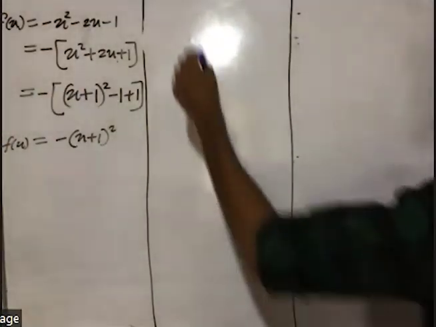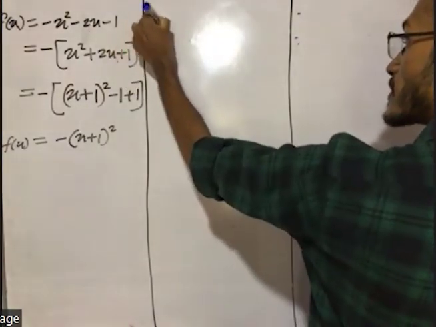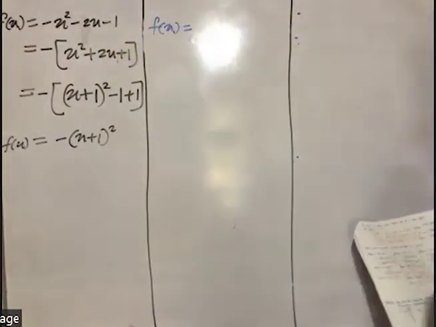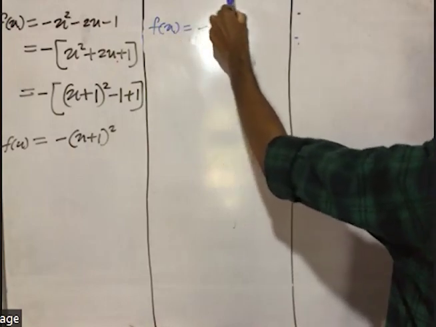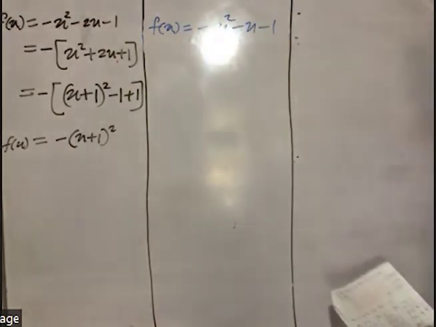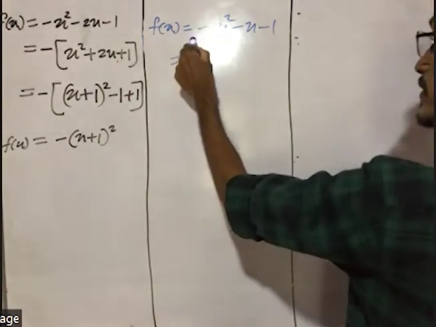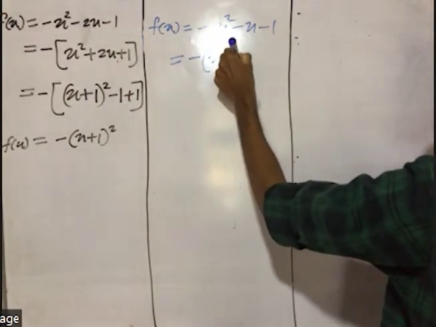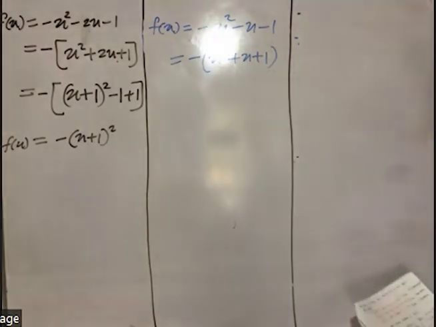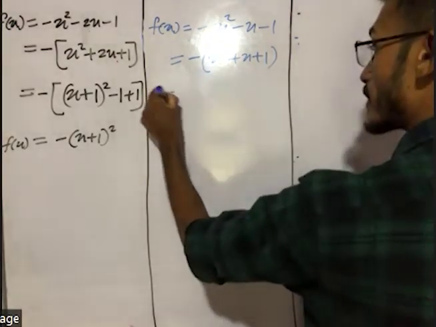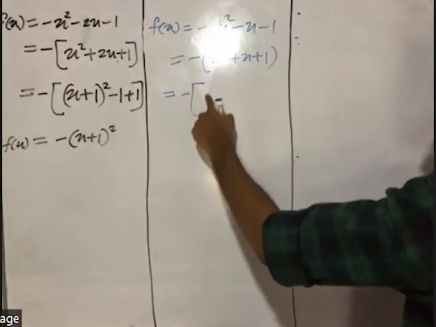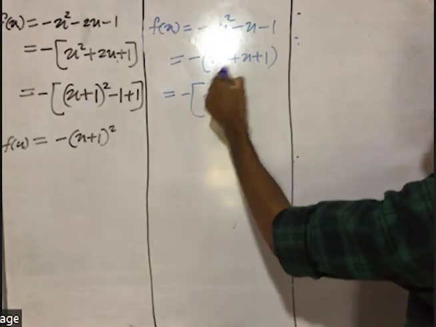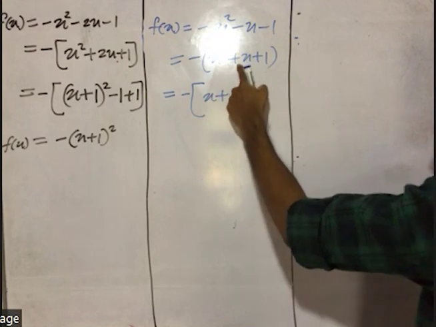The second function. Now look at this second function, f(x) equal to minus x square minus x minus 1. Now I'm going to separate the minus sign, x square plus x plus 1. Now we can use the completing square method. Take x without the square, take the positive sign, divide the coefficient of x.